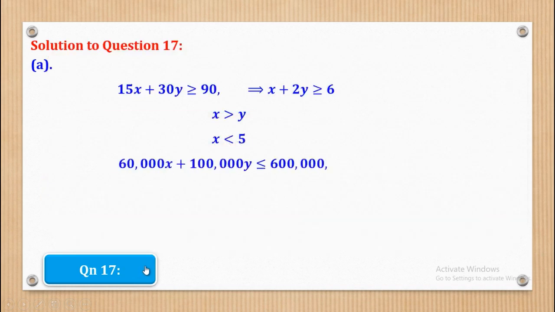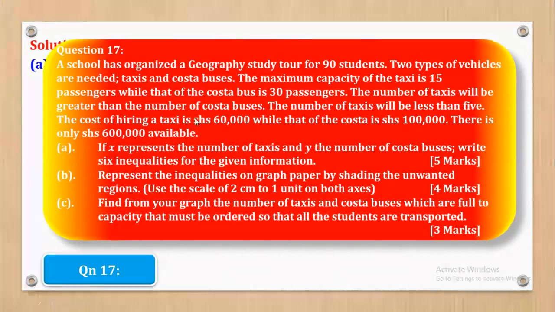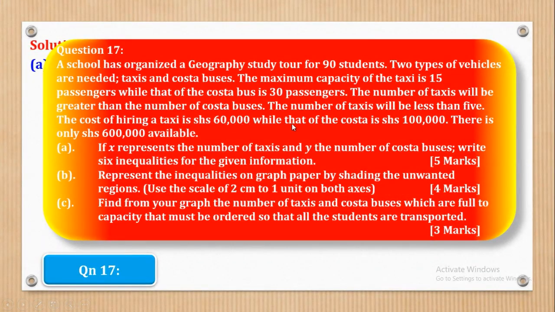Now the fourth equation says, here they told us that the cost of hiring a taxi is shillings 60,000, while that of the coaster is shillings 100,000. Then they told us that there is only 600,000 shillings available. So know that word.